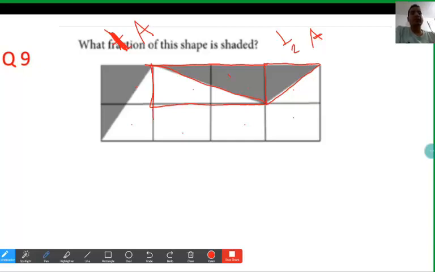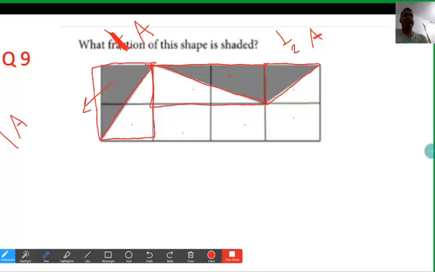And if you look at these two rectangles, you will find this triangle is half of the two rectangles shaded. That means the area of this triangle is the same as the area of one rectangle, 1A.